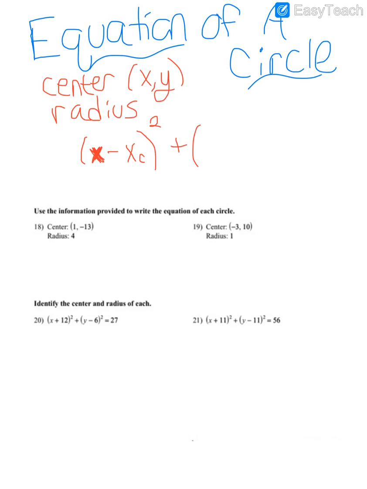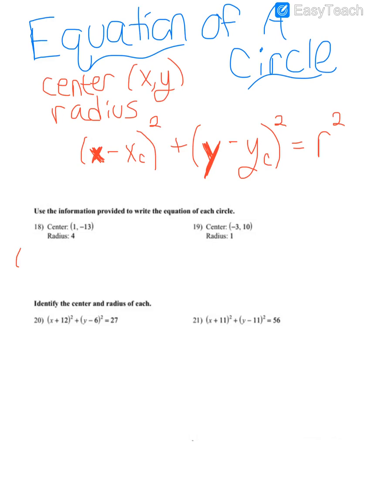plus y, don't plug anything in for that, minus y from the center, squared, is equal to the radius squared. And it will make more sense once we see some examples. So if the center is 1, negative 13, you're going to start by setting up your parentheses.